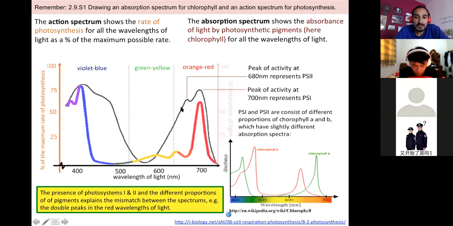This also shows that because those chlorophylls absorb different wavelengths, they give us these slight variations in the action spectrum, because they have peaks at different points.